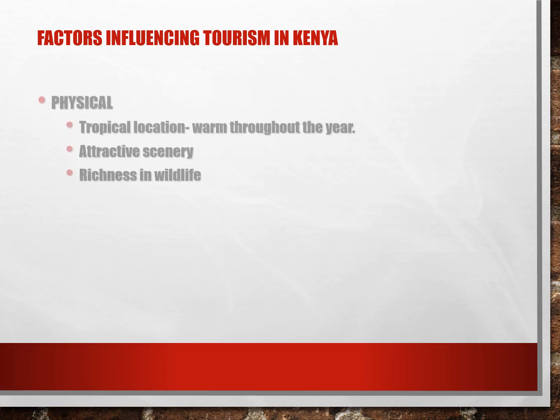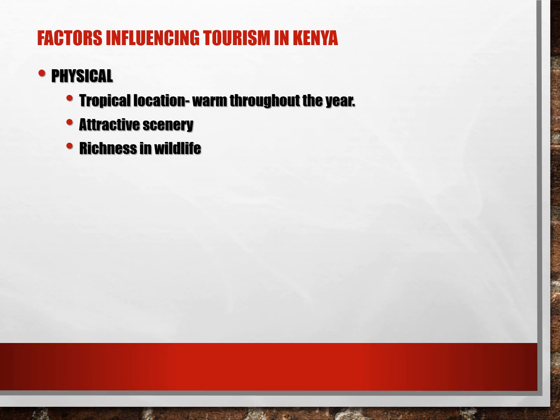Some of the physical factors is our tropical location, being a tropical nation right below the equator. The equator passes right across Kenya, and therefore the better parts of Kenya are relatively warm throughout the year, and therefore there is no single season of the year that tourists cannot enjoy a warm climate in Kenya.